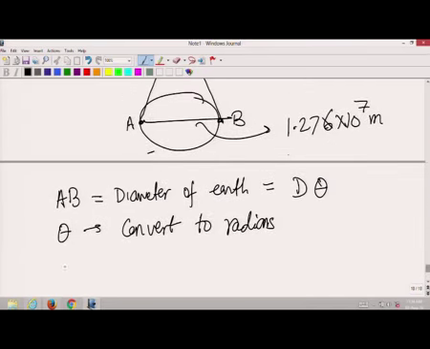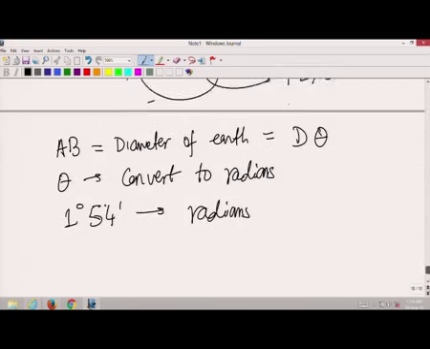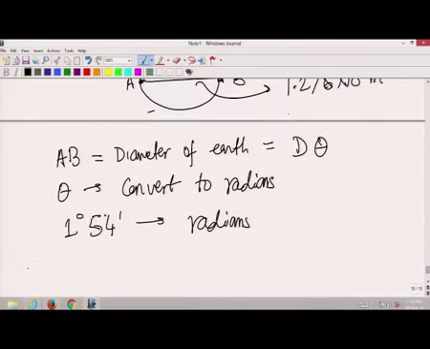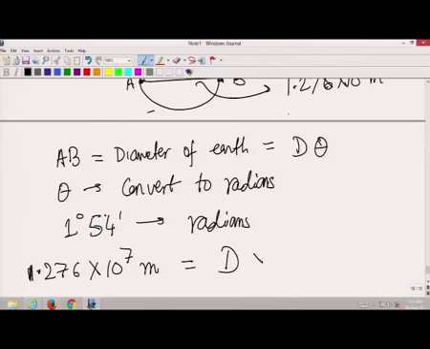So, you have to convert 1 degree 54 minutes to radians, and then you will have the distance AB, 1.276 into 10 to the power of 7 meters, equal to the distance D in meters multiplied by the angle theta.